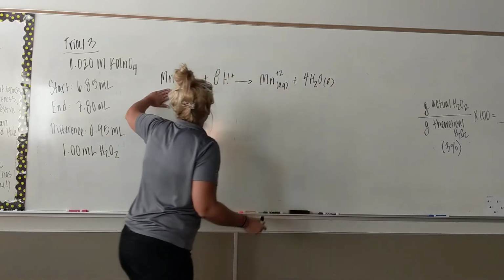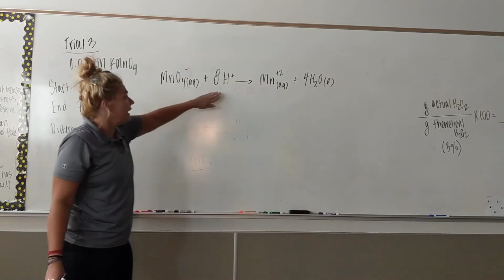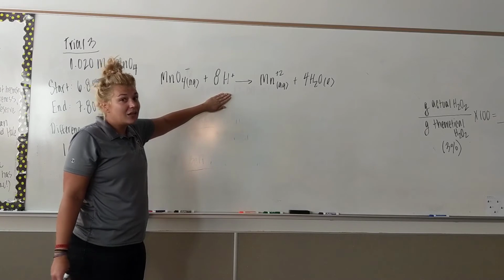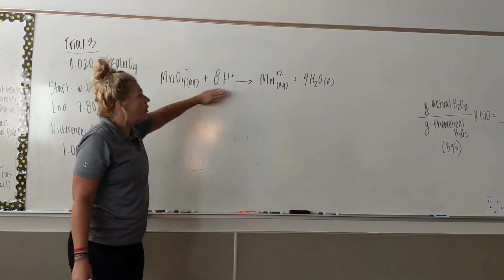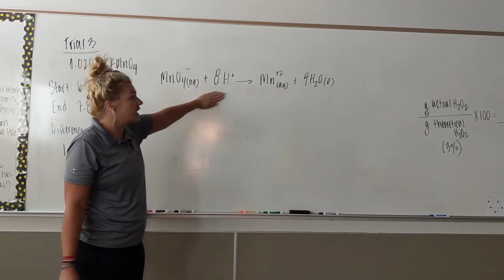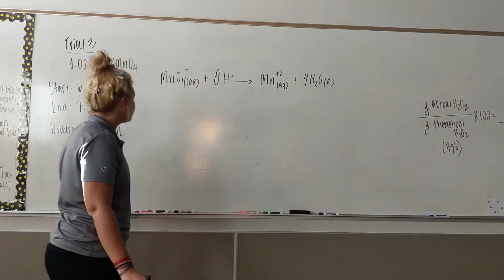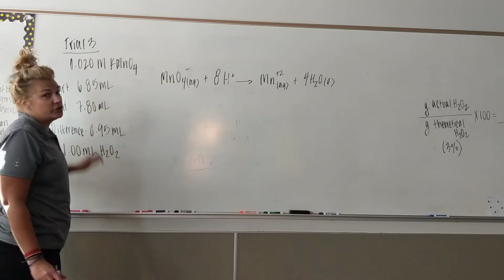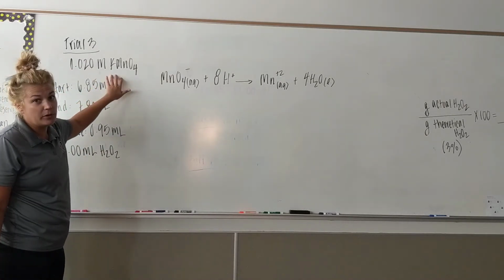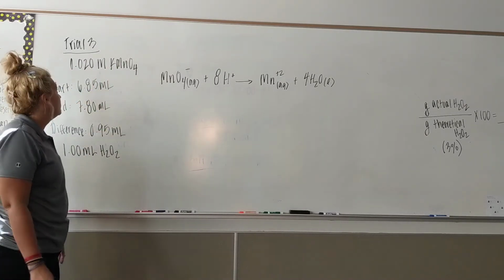Okay? So since I have a relationship between the permanganate and the hydrogen peroxide that was in the water, we can go from one to the other and use this to figure out grams of H2O2. But the first thing I need to do is convert this potassium permanganate into moles.